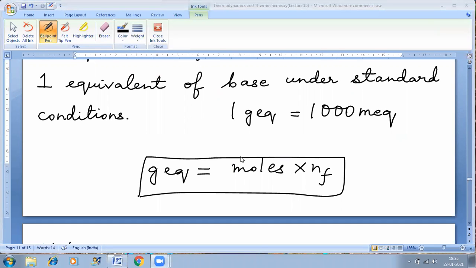MEQ is milli equivalents. So 1 GEQ is equal to 1000 MEQ.